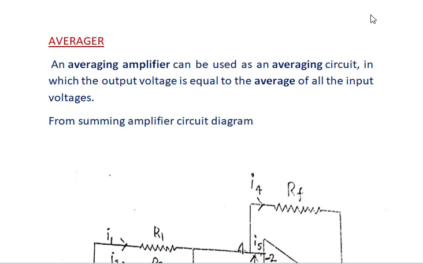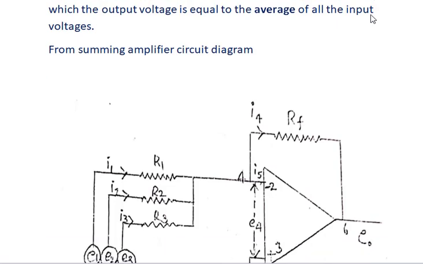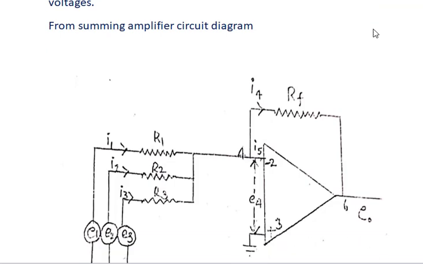The averager is nothing but an averaging circuit using an operational amplifier, in which the output voltage is equal to the average of all the input voltages given at the input. We already know the summing amplifier using an operational amplifier. The summing amplifier adds all the input voltages given at the inverting input through different resistors.